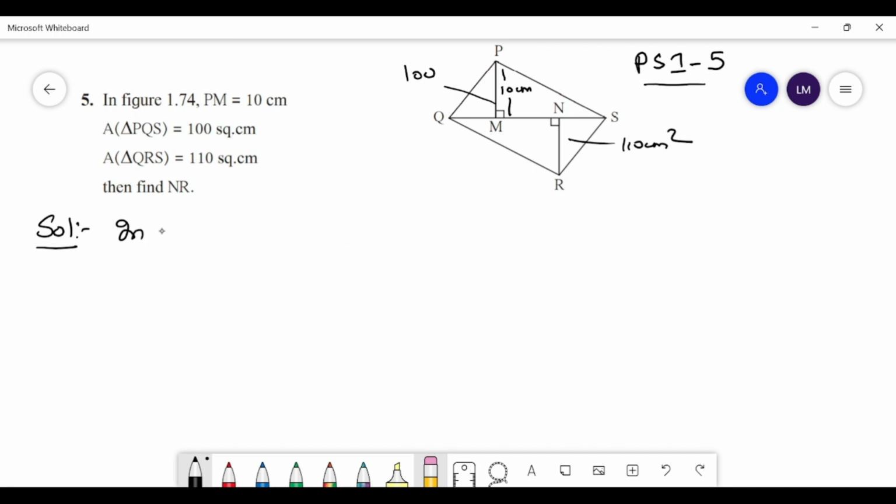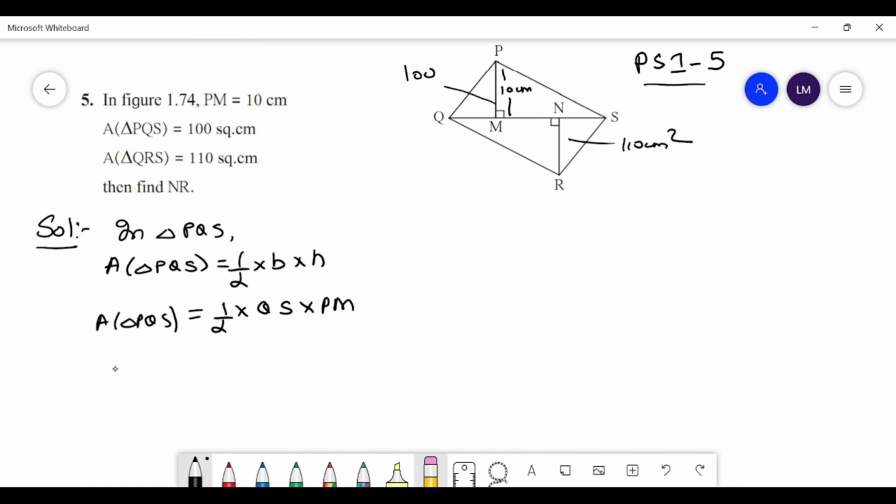So in triangle PQS, the area of triangle PQS is equal to half into base into height. Now we know what the base is. Base is QS. Height is PM. And the area we already know, right?